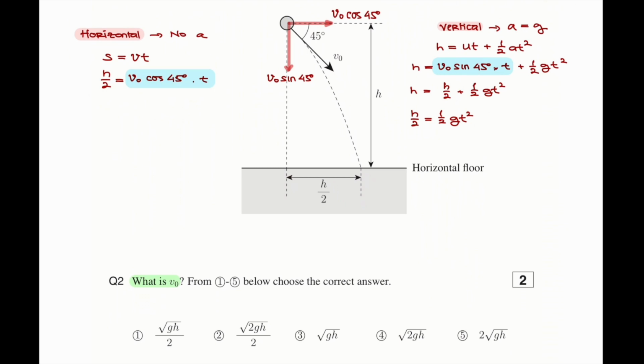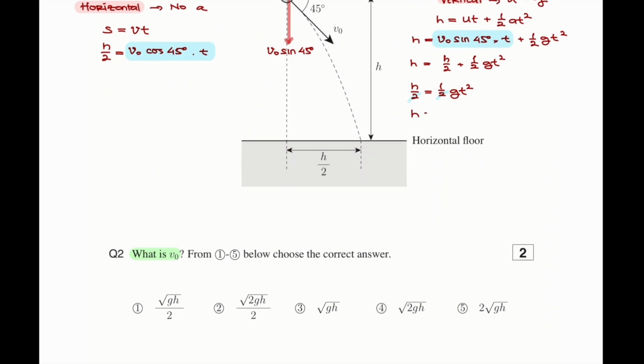And then I can cancel out 2 down here. Then I will get h equals gt squared. And then last thing that I have is t is equal to square root of h over g.